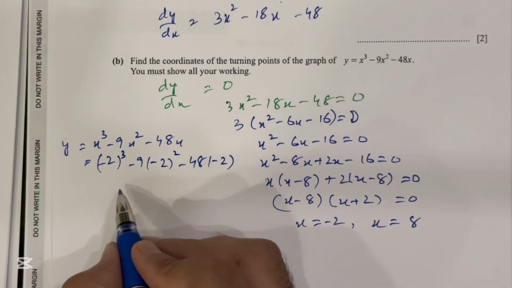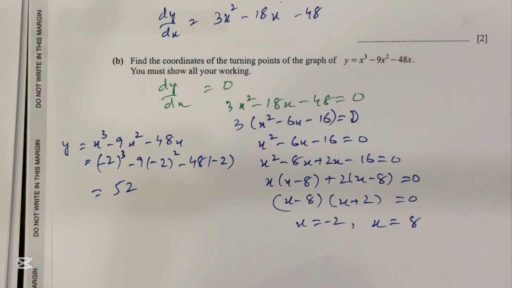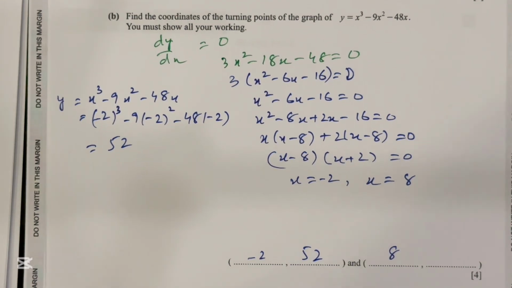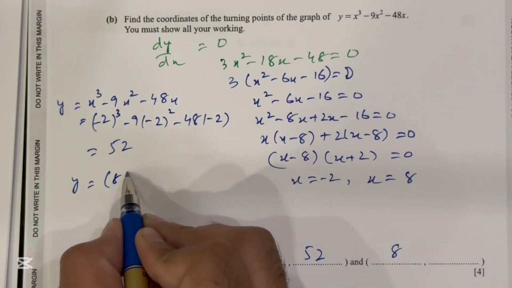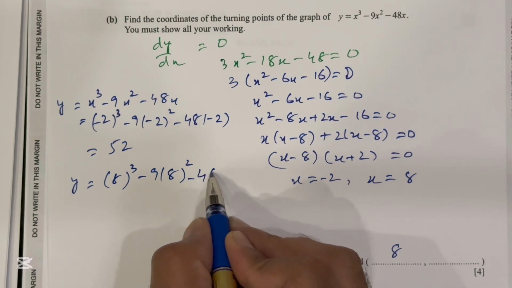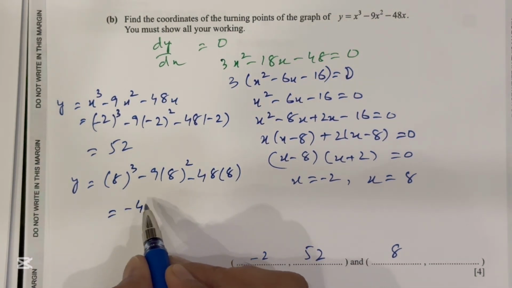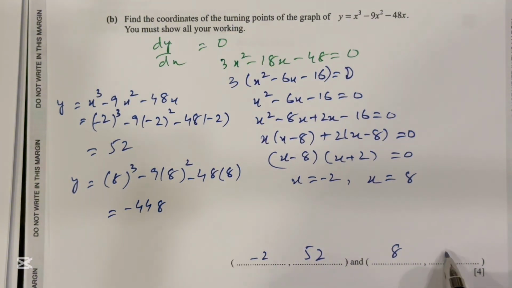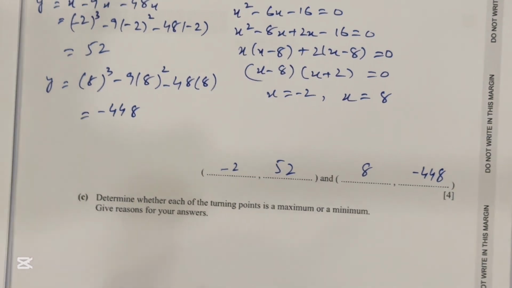You get the answer, that is equal to 52. Now put 8 in the above equation. y is equal to 8 cube minus 9 into 8 square minus 48 into 8. You get the answer minus 448. Minus 448 is your answer. So these are the two turning points for this question.